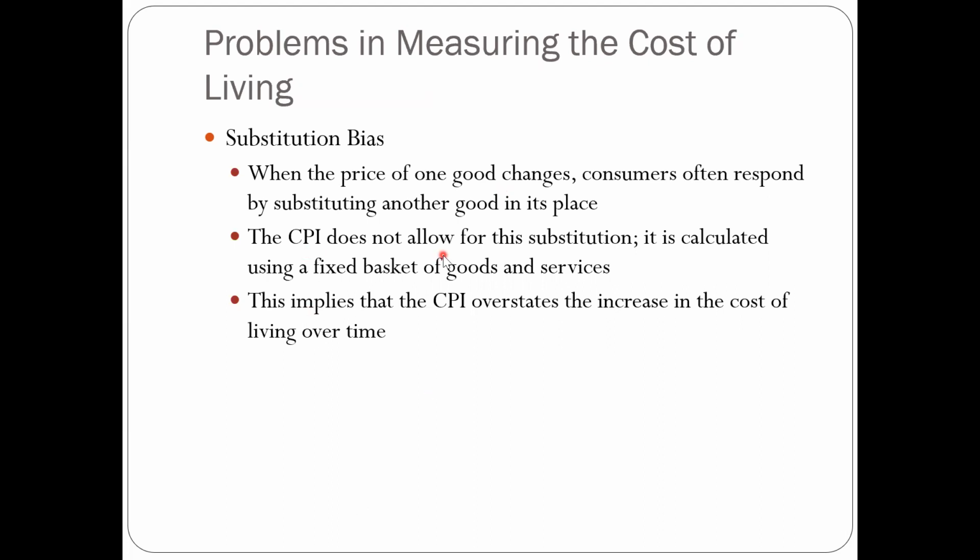The CPI doesn't allow for substitution. It's calculated using a fixed basket of goods and services. This implies the CPI overstates the increase in the cost of living over time. So we can use the consumer price index as a measure of the increasing cost of living over time.